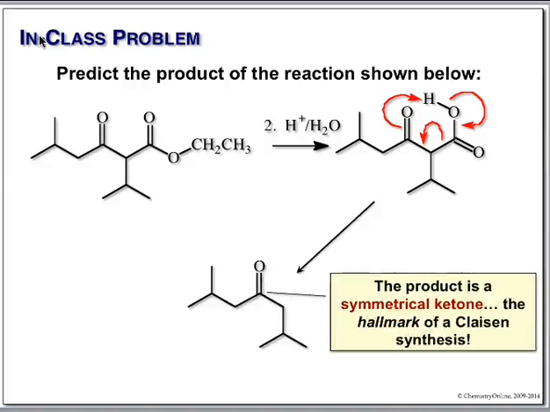Whenever you do a Claisen condensation and then dump it into acid, you make a symmetrical ketone. Same thing on both sides. Which now brings up point 5.